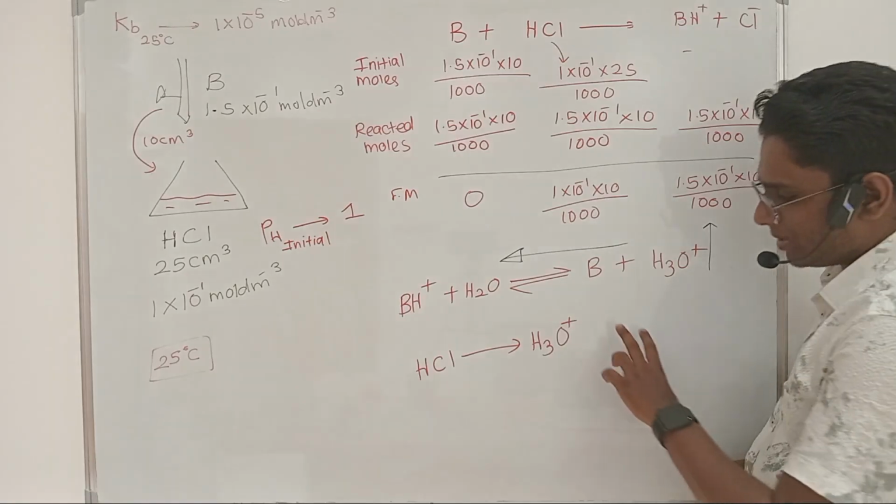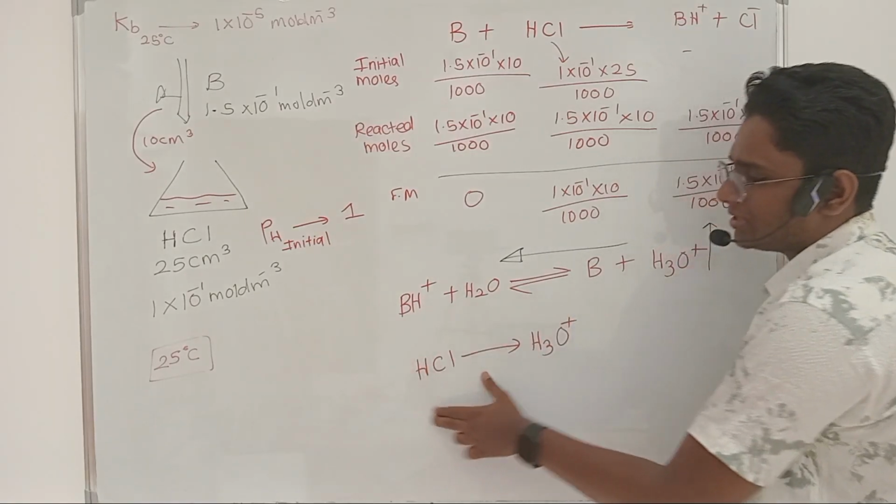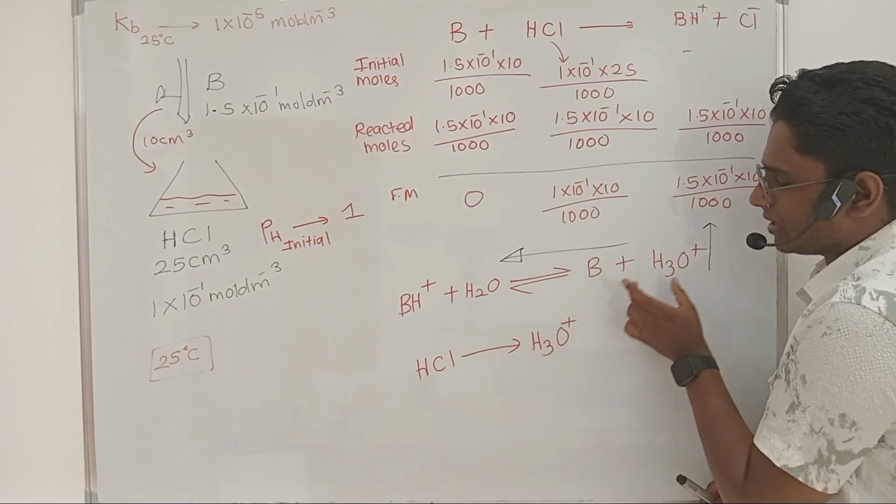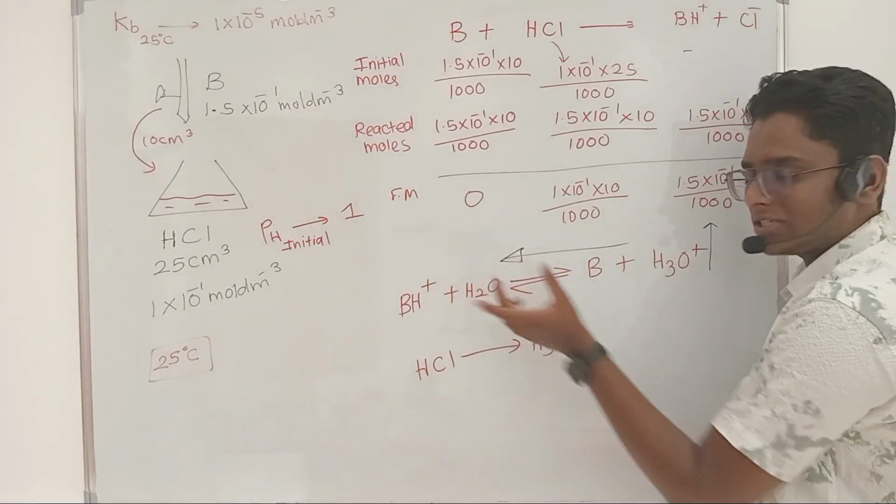So the pH will be mainly determined by HCl, because the ionization of BH+ is a very negligible amount.